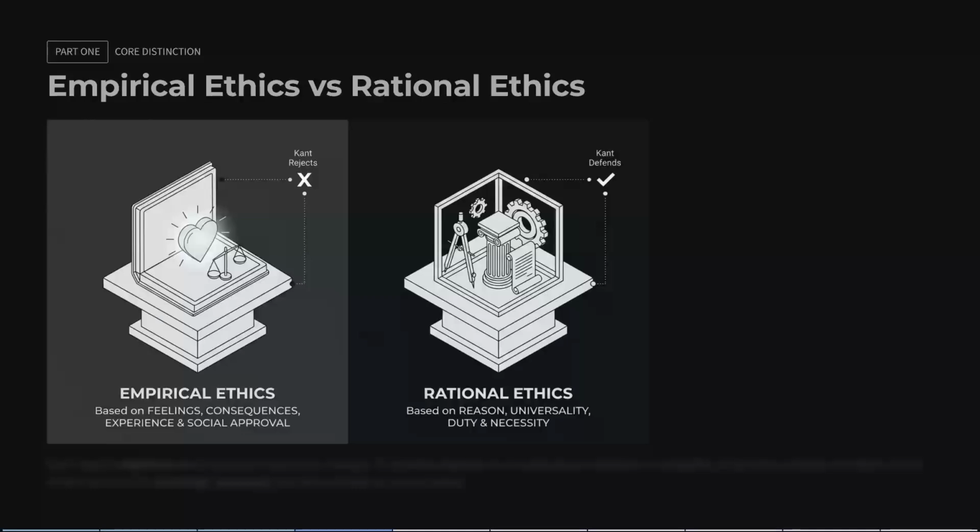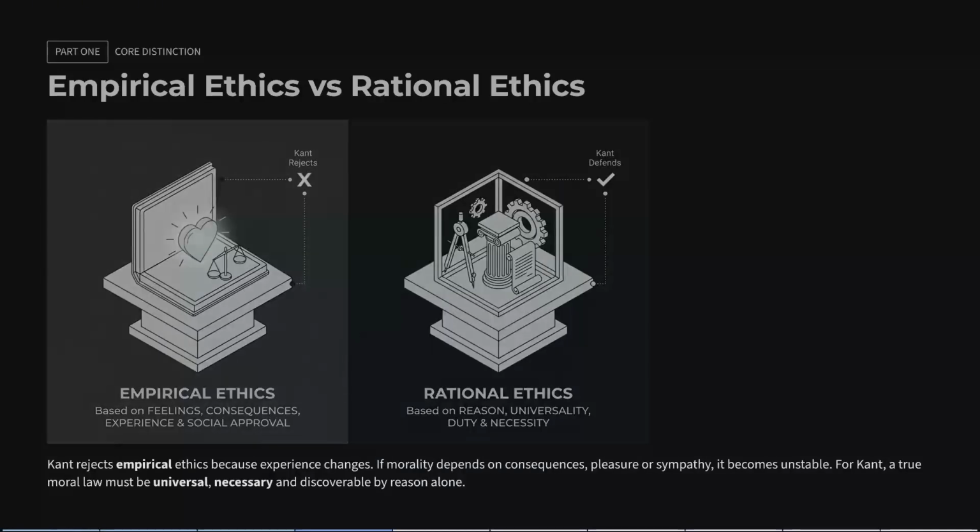Just as mathematical truths hold necessarily and universally, 2 plus 2 equals 4 regardless of who is counting or what physical objects they're counting, moral truths must hold necessarily and universally regardless of the particular circumstances of any specific agent or situation. And this is Kant's crucial move, and it separates him sharply from every empirical moral thinker.